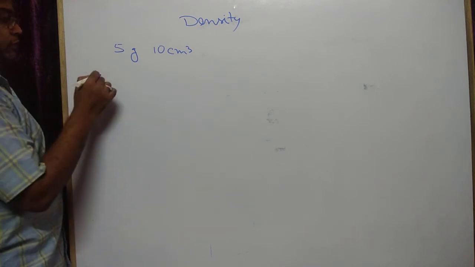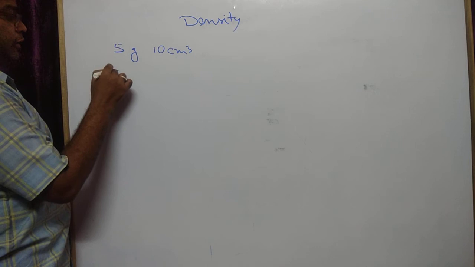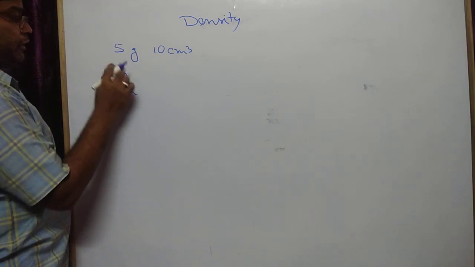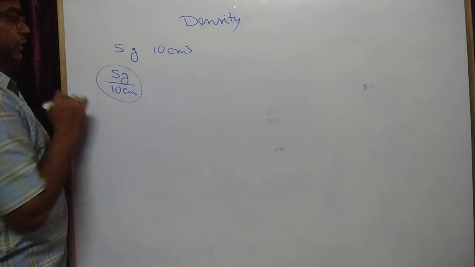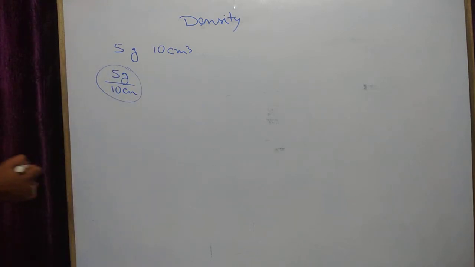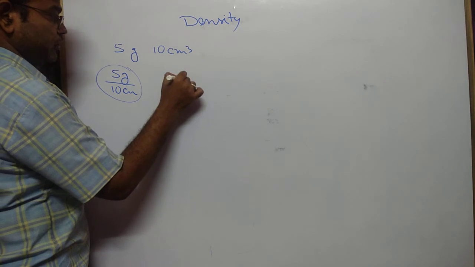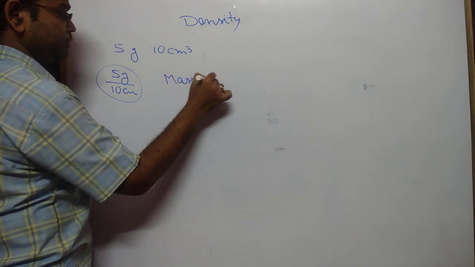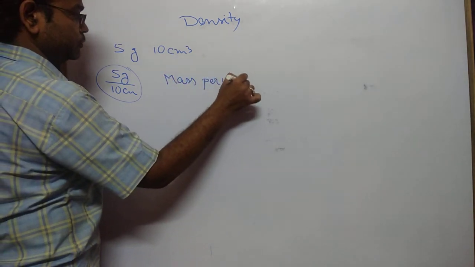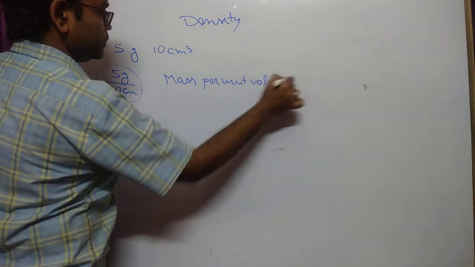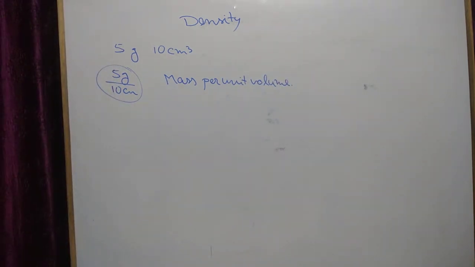In this case we can say that 5 gram by 10 centimeter cube, this complete is the density. So what is density? Density is mass per unit volume. This physical quantity is known as your density. Hope this one is clear to you.